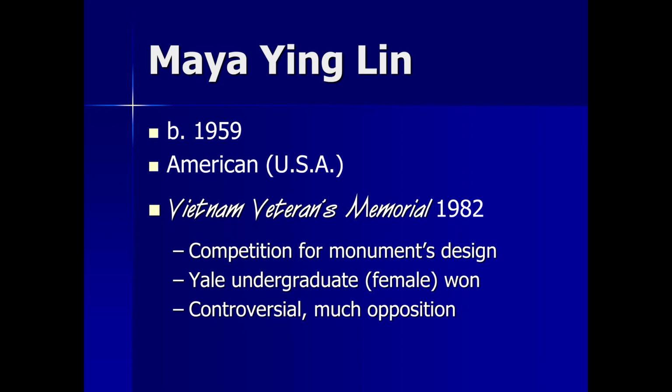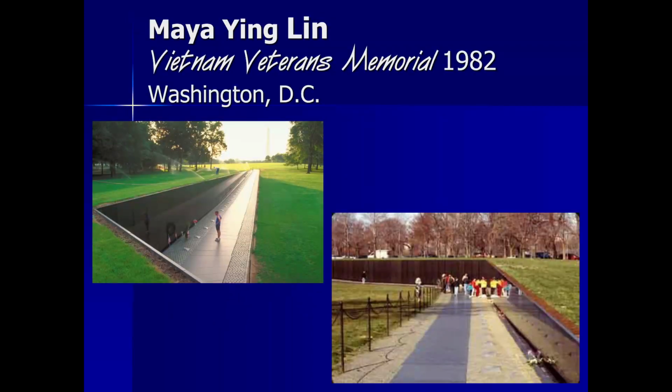There was a tremendous amount of opposition. And indeed, there were people who thought there should be a figural monument. Because of some of this controversy, another two statues were commissioned in the same general area, but at some distance from this monument.